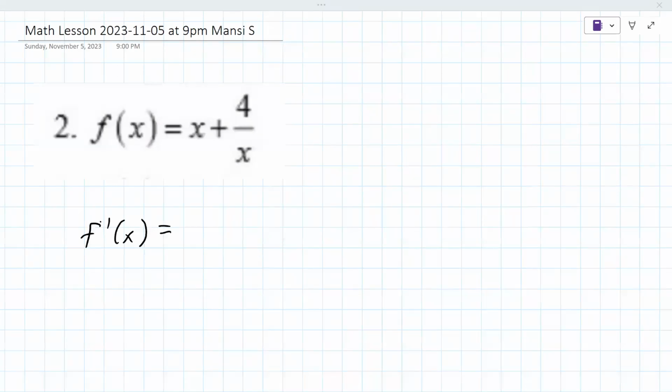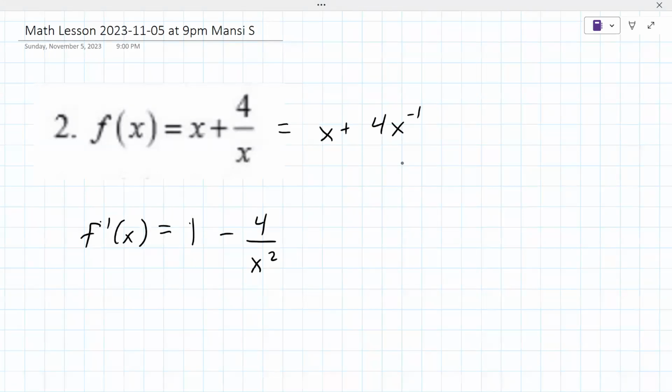So it would be... sometimes it helps to rewrite it slightly. It'd be -4/x². Yeah, and that's the preferred way to write it.